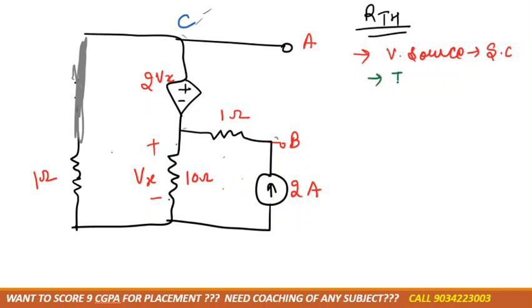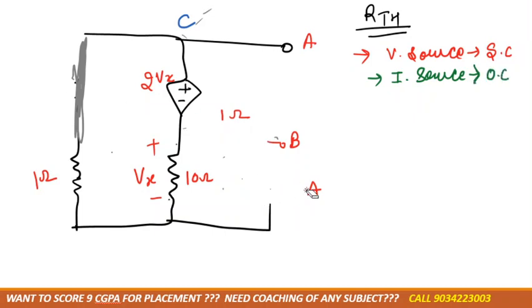Next, the current source would be open circuit or short circuit? Open circuit. So let's do that. Current source would be open circuit, right? So the diagram will become like this. Now this is A and B. This wire we don't need, it was a plain wire, right?